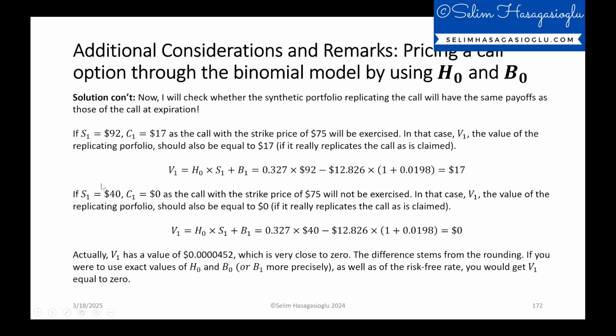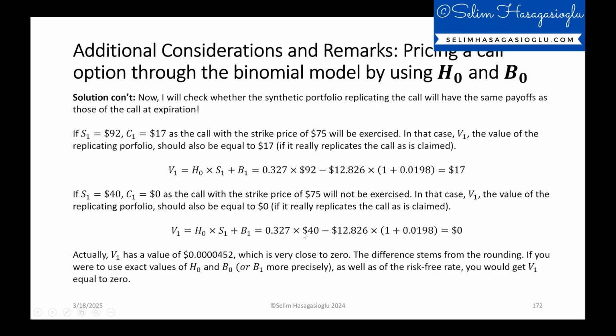For the lower boundary case, in which S1 minus, more precisely, is equal to $40, remember the call payoff should be equal to zero as the call with a strike price of $75 will not be exercised. In that case, we want the value of the replicating portfolio to also be equal to zero, again, if it really replicates the call as is claimed. So again, V1 should be equal to H0 multiplied by S1 plus B1 as we did before.